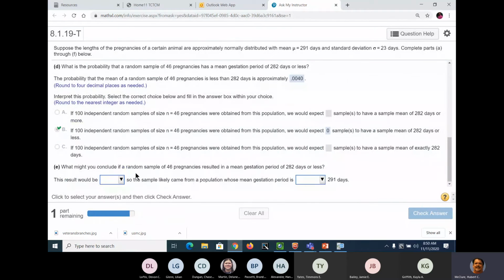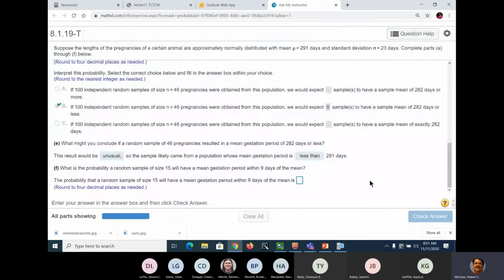What might you conclude that a random sample of 46 pregnancies resulted in a mean gestation period of 282 or less? This result would be very unlikely. This result would be unusual, so the sample likely came from a population whose mean gestation period is less than 291 days, because it moves it over, I would say.